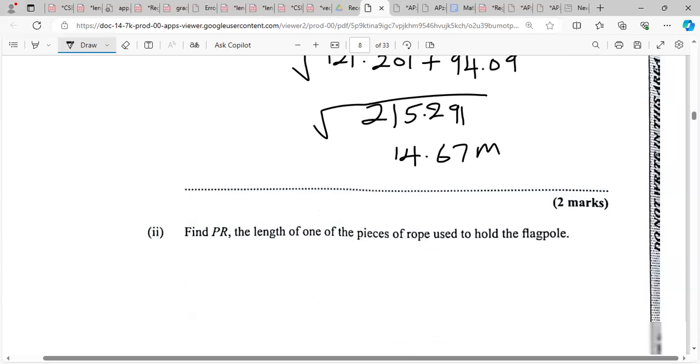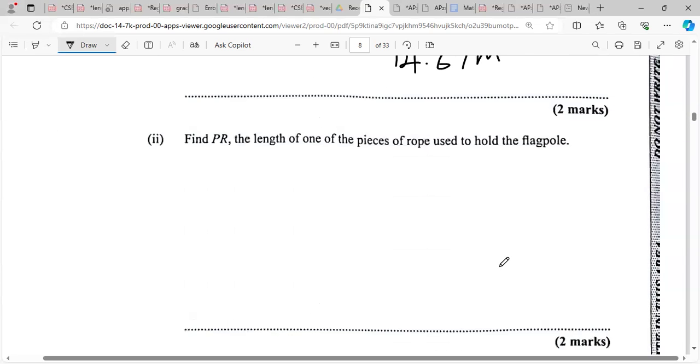And you get another 2 marks for this. Let me say 1 decimal place. Not sure. Oh, they never specified. Alright.